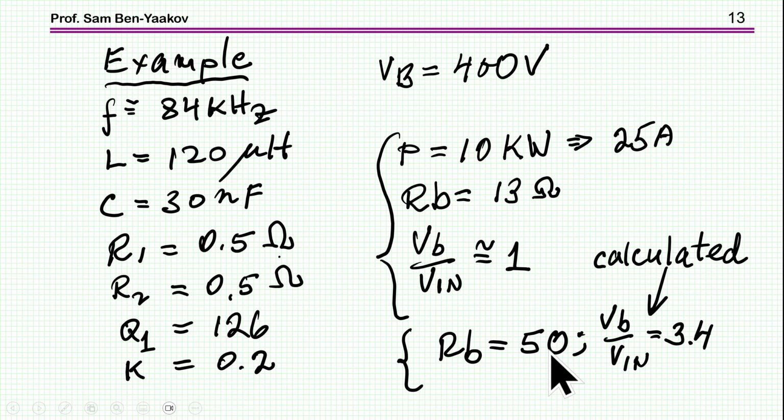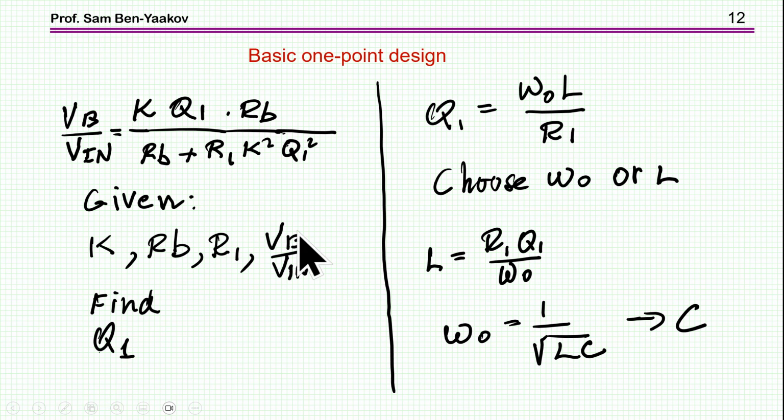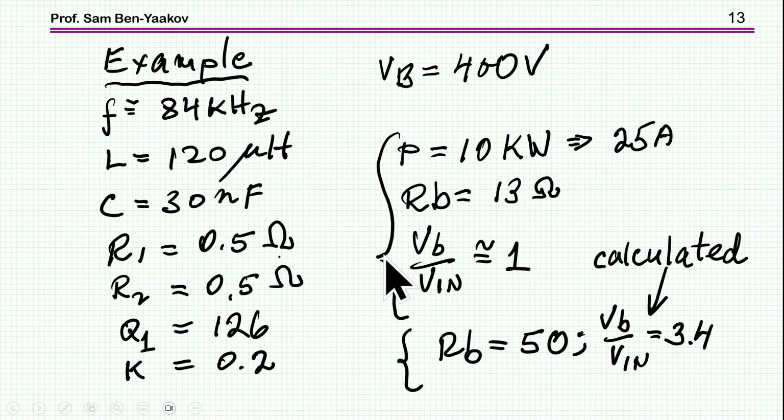Okay, so it's off the relationship that I've calculated, and we're going to see what will happen in simulation. From the calculation, for the quality factor that I found, I'll put here 50 ohm rather than the 30 ohm, which is the nominal value according to all these parameters, then I should get this ratio here.